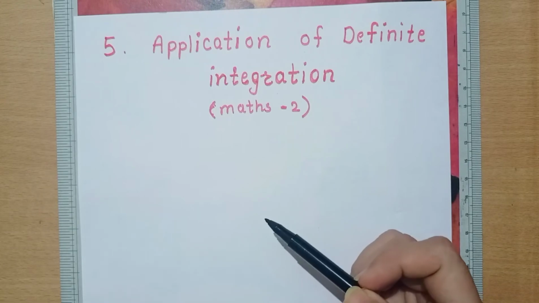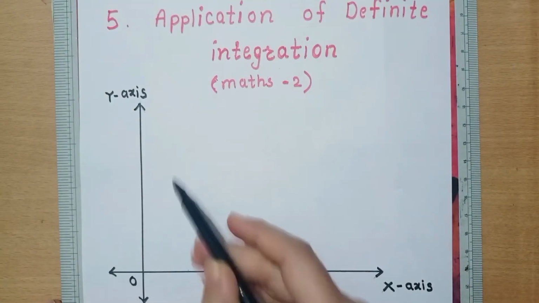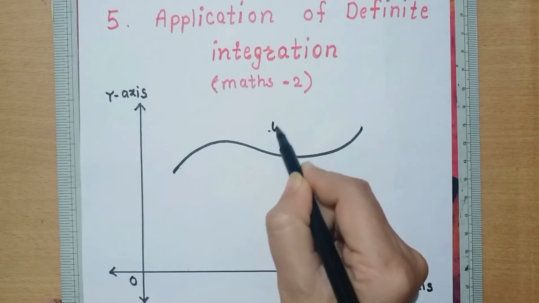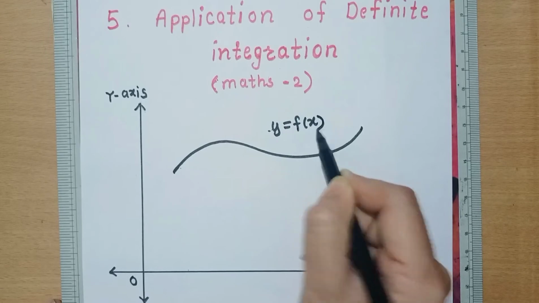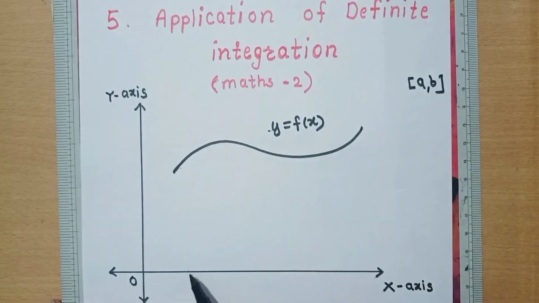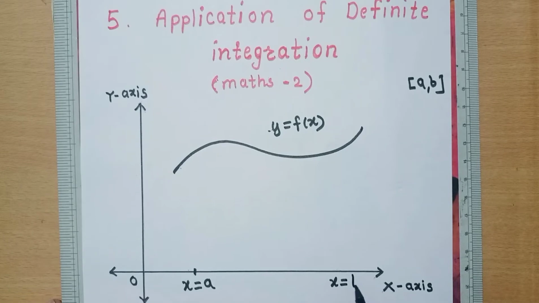Let's revise that. This is the xy plane, and if we consider the curve y is equal to f(x), which is continuous in the closed interval [a, b], here we will consider x is equal to a and x is equal to b.